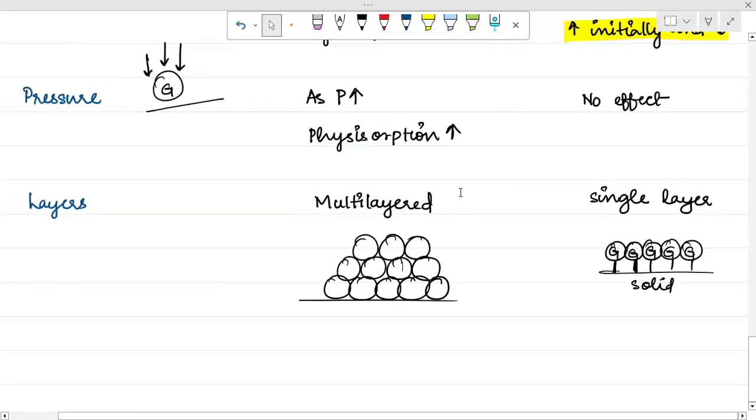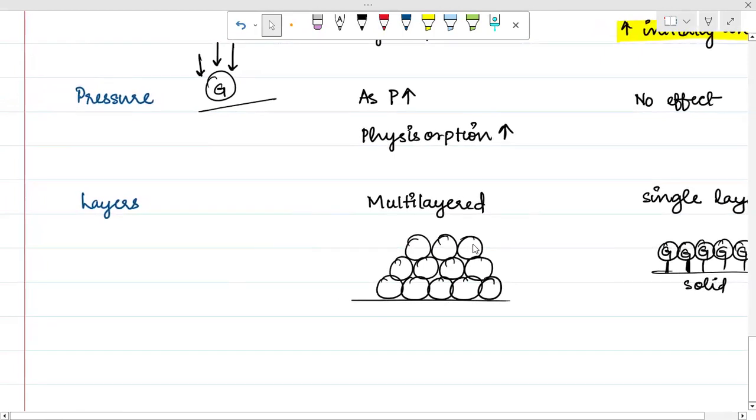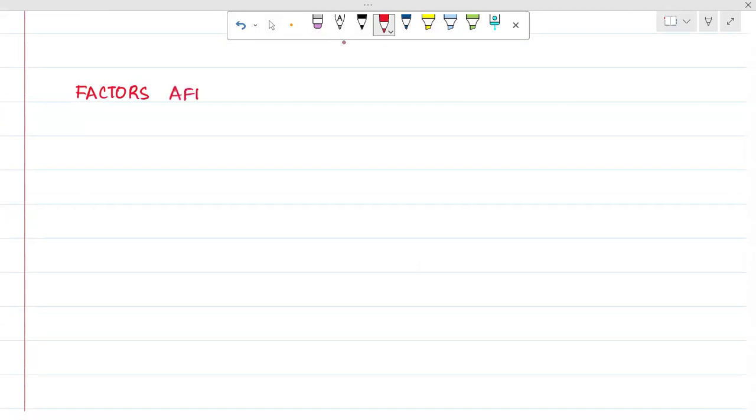Okay. Now again, we are going to list some factors that affect physisorption.